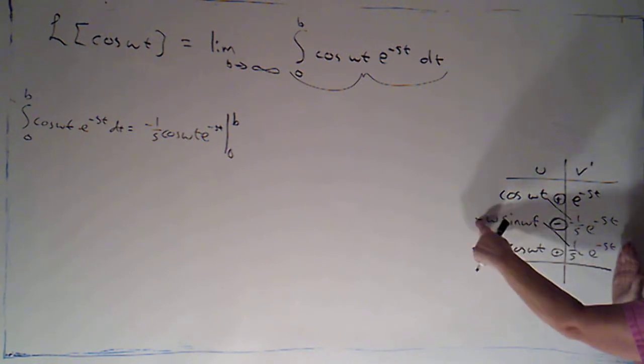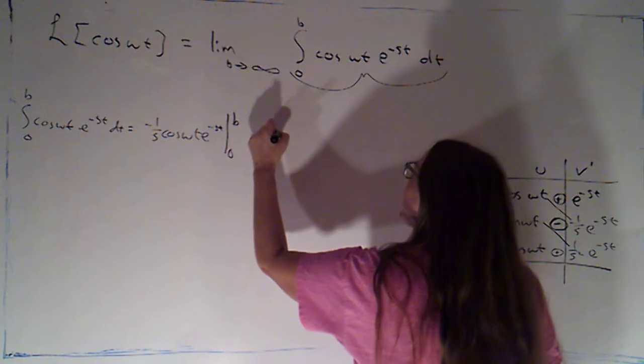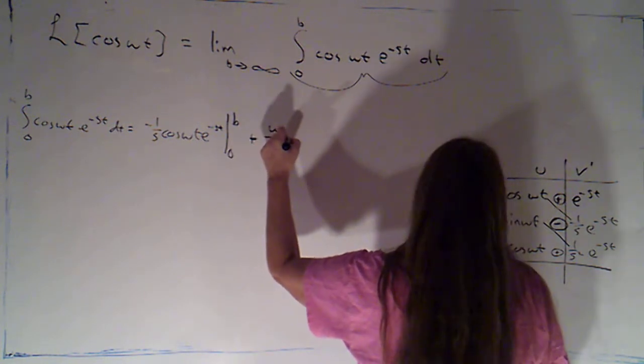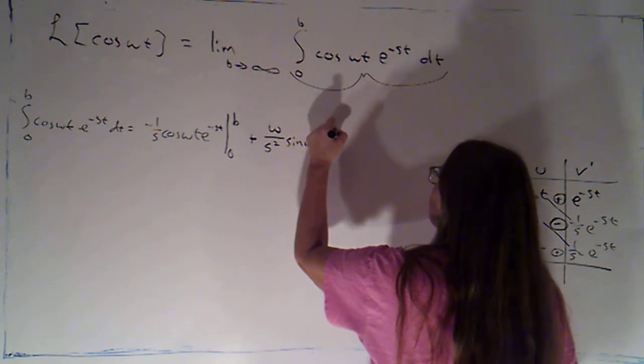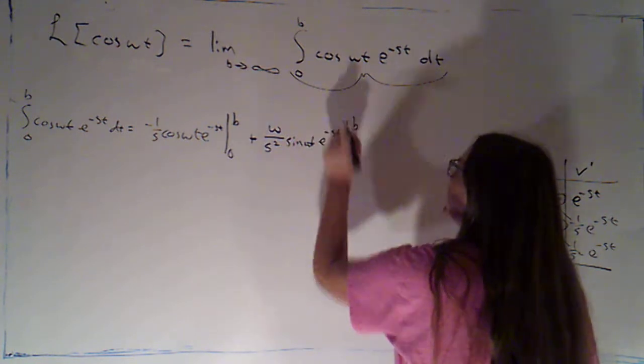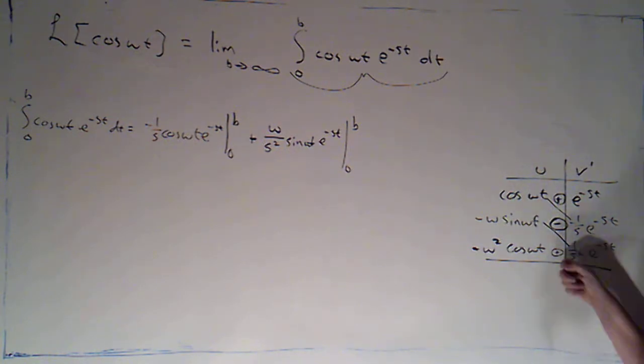Now, minus and then a negative, that's just going to become plus omega over s squared sine omega t e to the negative st evaluated between 0 and b. All I did was bump the constants to the front.